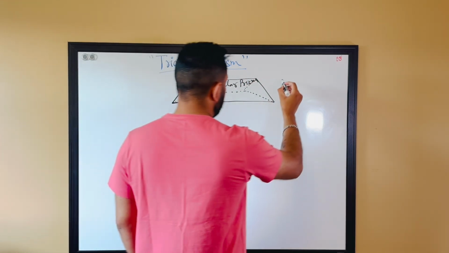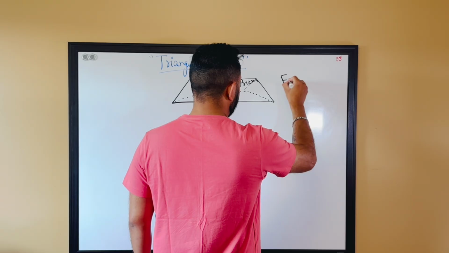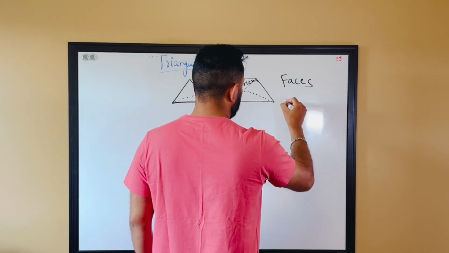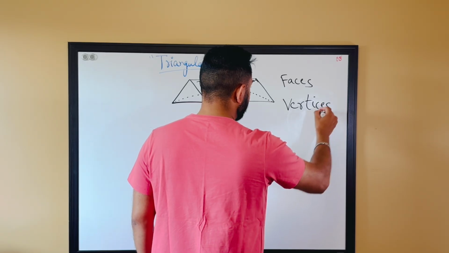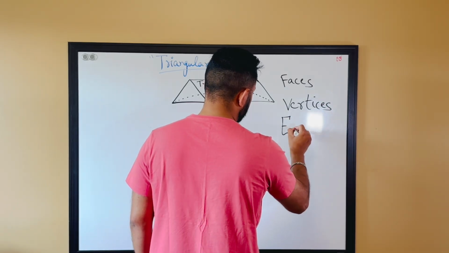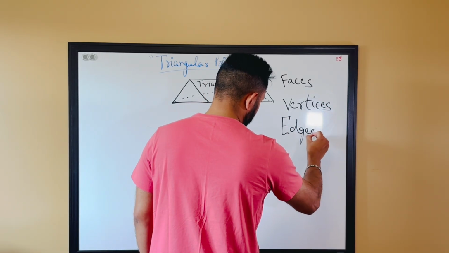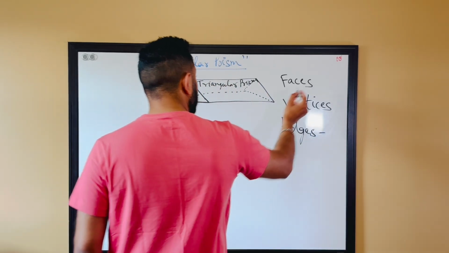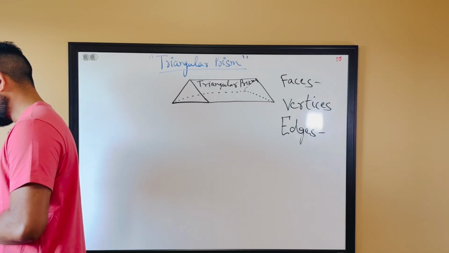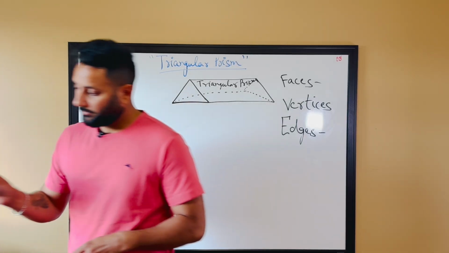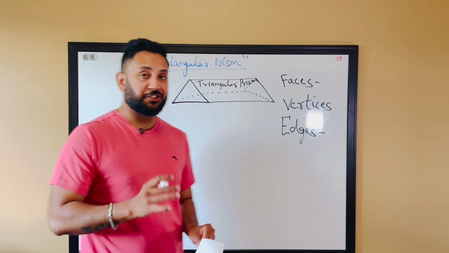So now we're gonna learn about the faces, like how many faces a triangular prism has, vertices and edges. About the faces, a triangular prism has five faces.